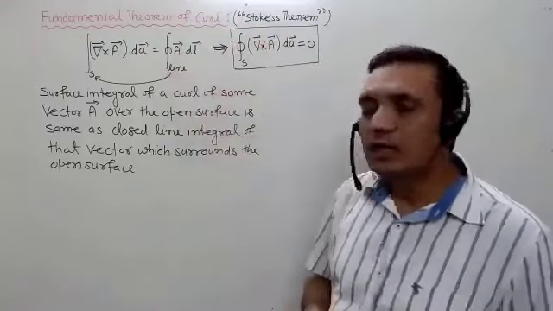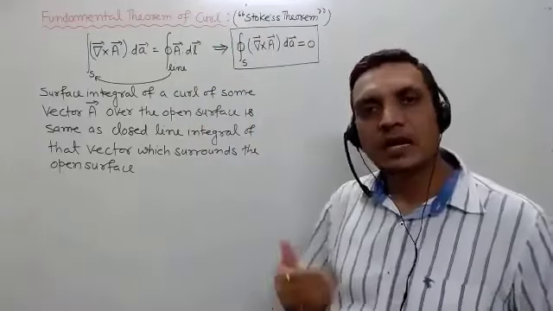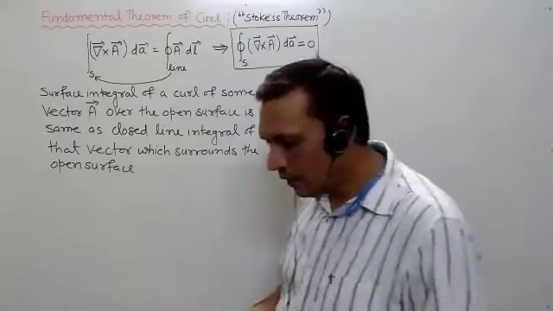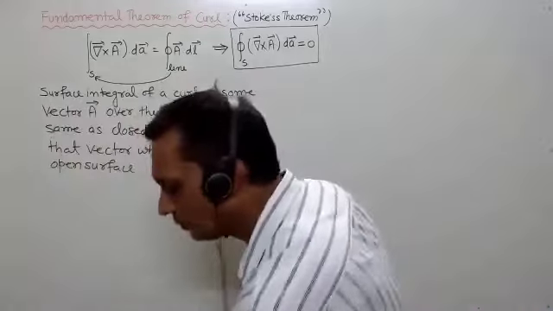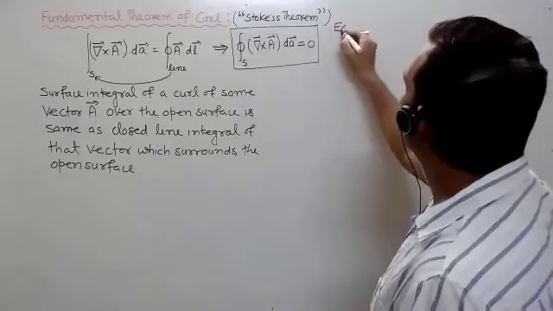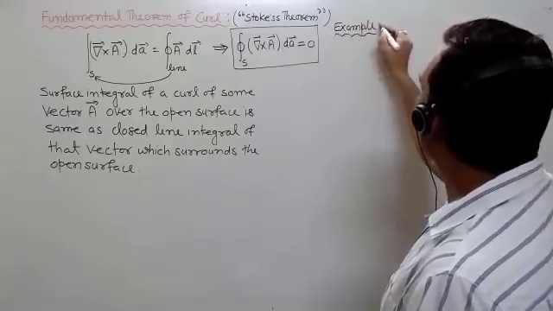Now again we will take different examples and we will verify these theorems in Cartesian coordinates, spherical polar coordinates, and cylindrical coordinates. So let us see the first example. Again some vector field is given.